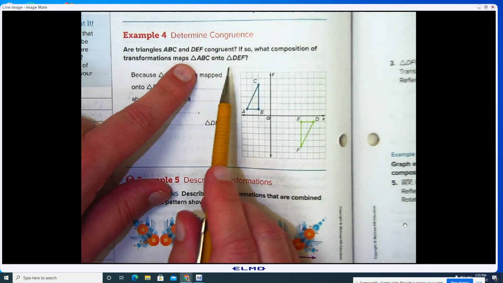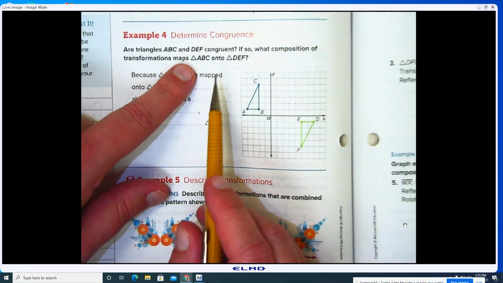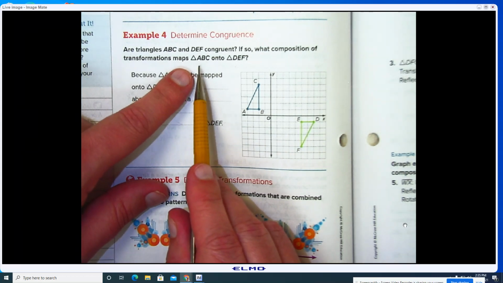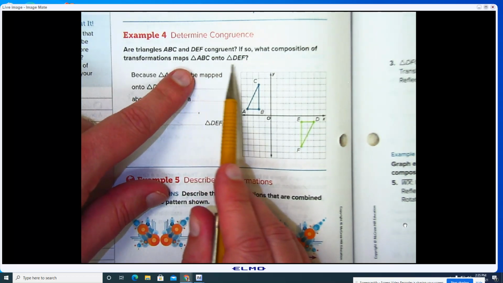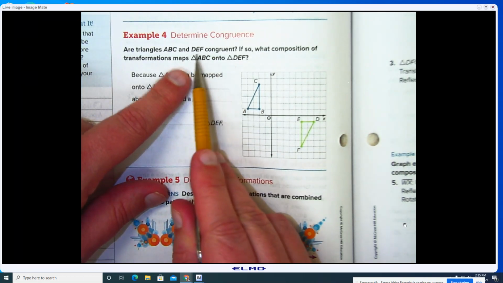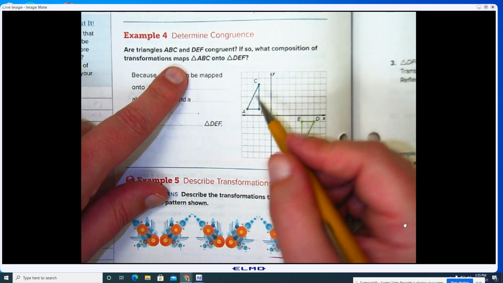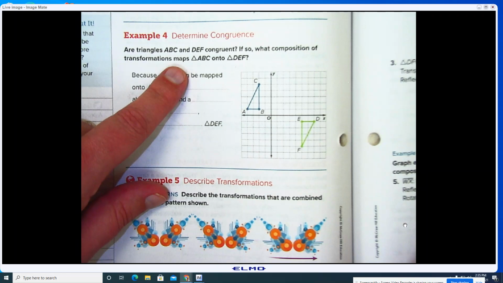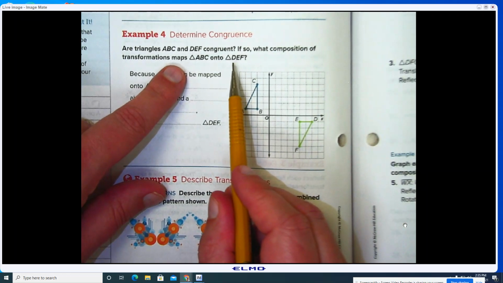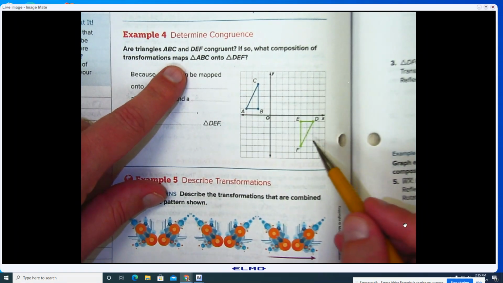So now the order is important with what they're saying. ABC, since that is first, and that's what's being mapped onto DEF, is going to be our original or our pre-image. So you can mark this as original and pre-image. And then DEF is our image. So that's what it needs to land on top of.